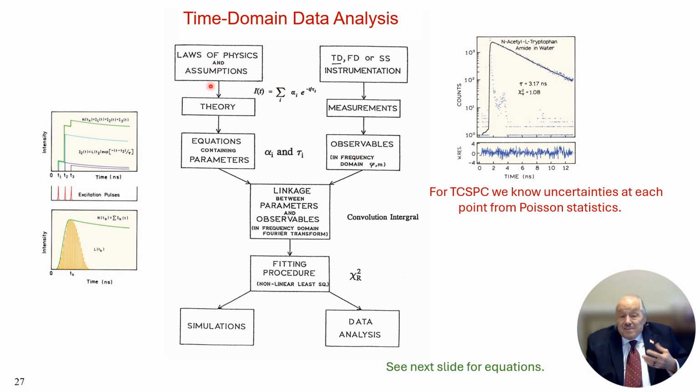Then you use some assumptions for what the decay looks like, which is typically a multi-exponential decay, and you then do some type of analysis to fit them. The preferred analysis is nonlinear least squares. There are other ways of doing the analysis, but I don't think anything is better than nonlinear least squares.